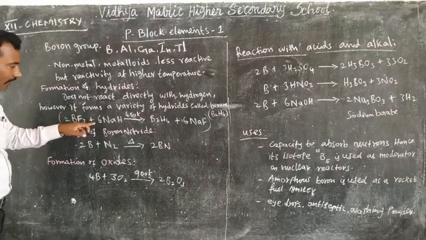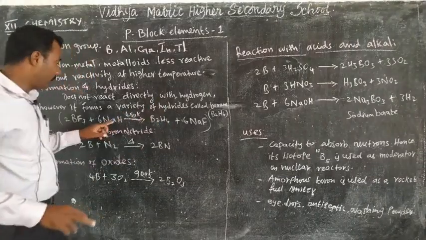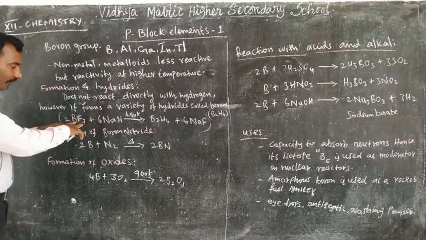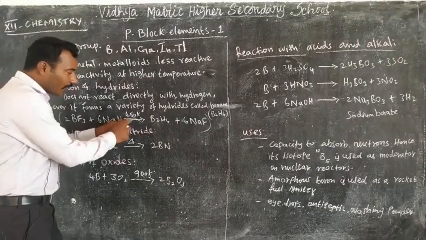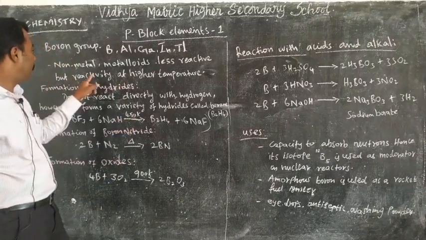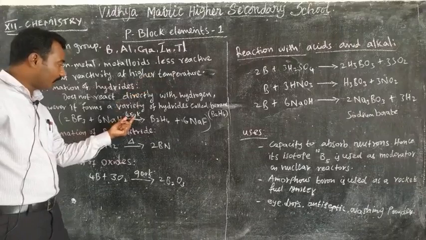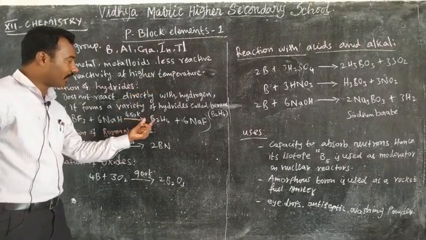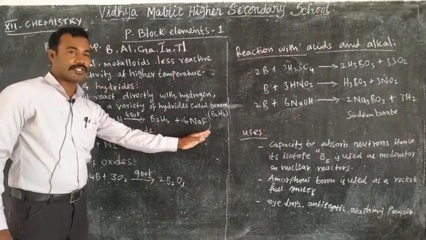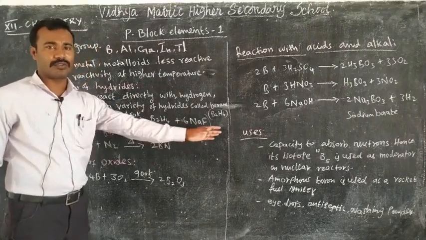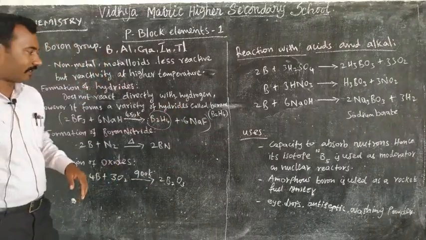Boron trifluoride reacts with sodium hydride at 450 Kelvin, at higher temperature, forming borane B2H6 and sodium fluoride. That is borane, B2H6.